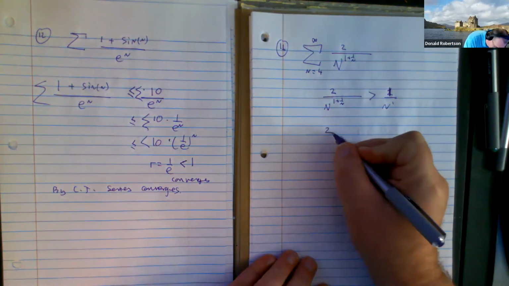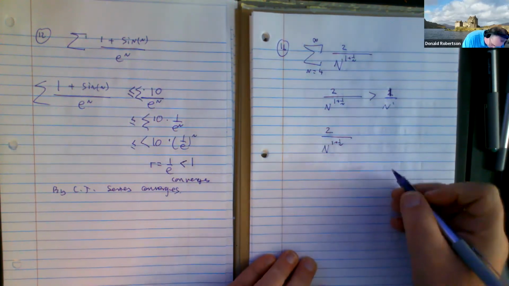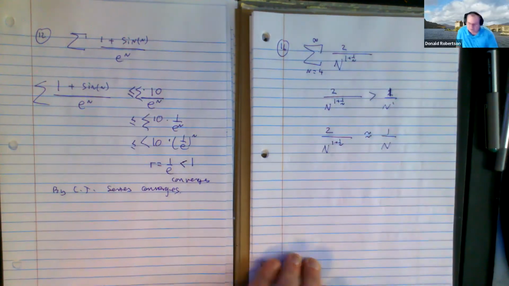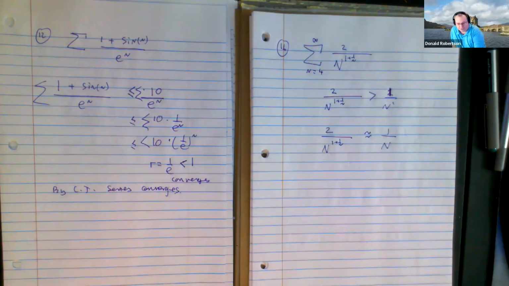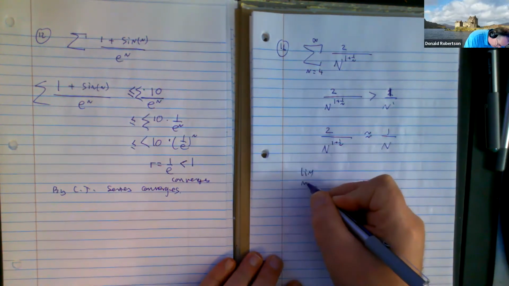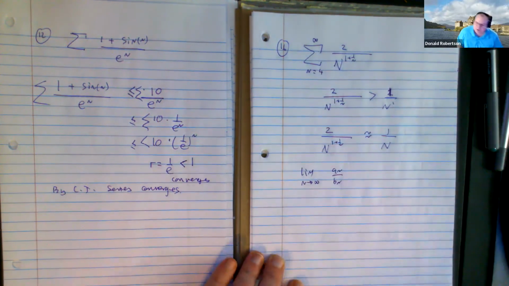What I'm going to do is prove that it does diverge, right? But I'm going to do that as my comparison, which is the same. And I'm going to do a limit comparison test.